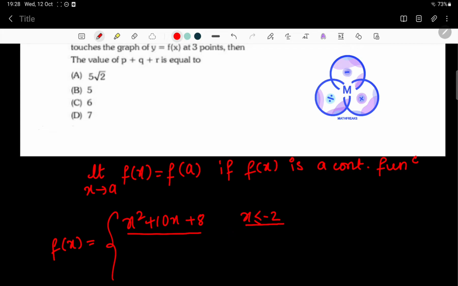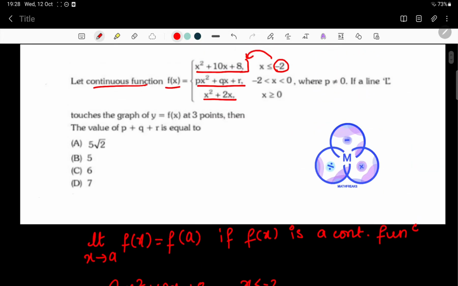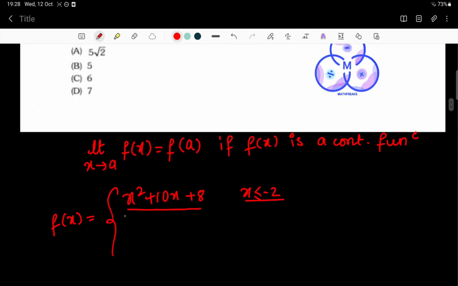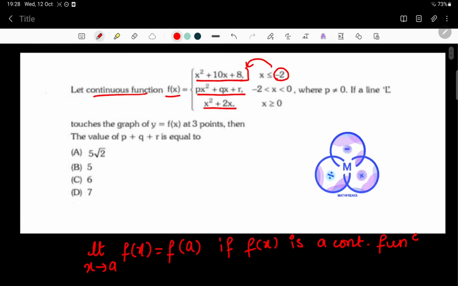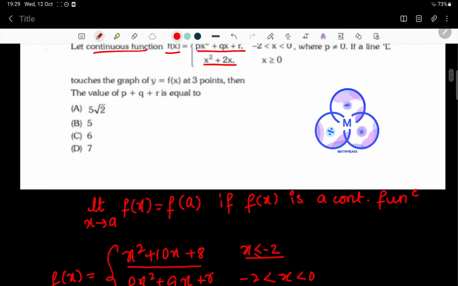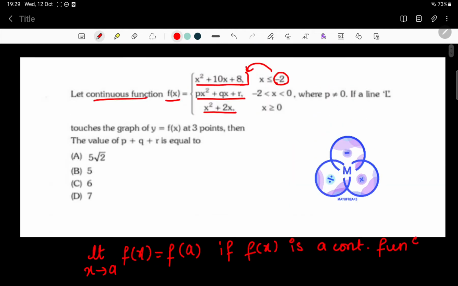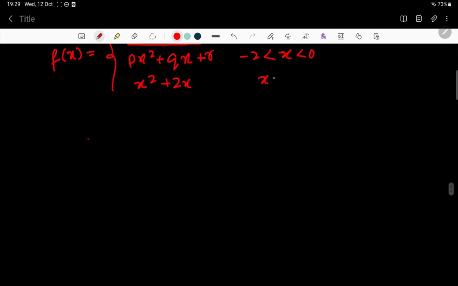Another f(x) is defined over x belonging to the open interval -2 to 0, that is px squared plus qx plus r, for -2 to 0, not included. And the third and final is x squared plus 2x for x greater than or equal to 0, right?